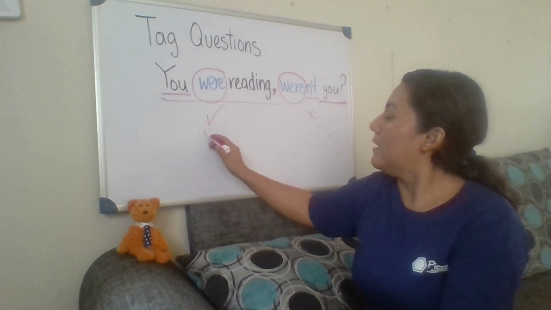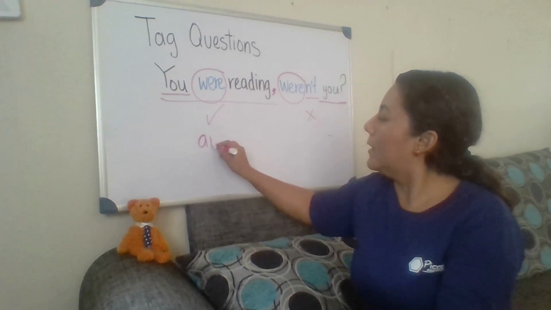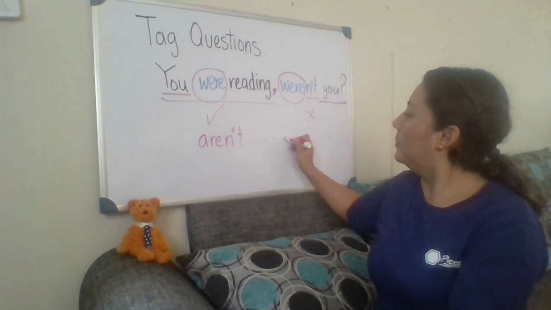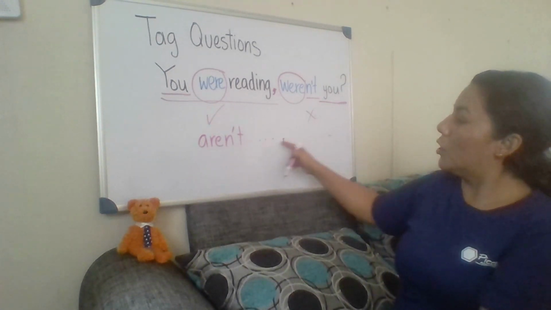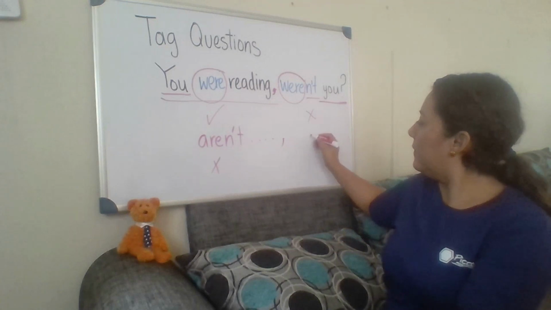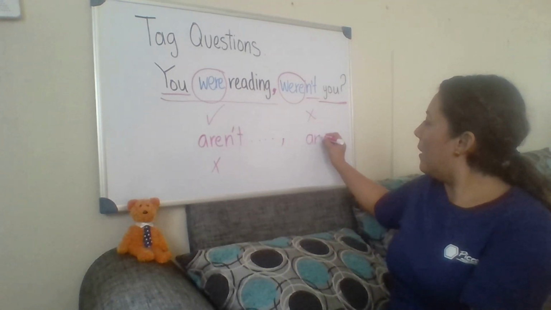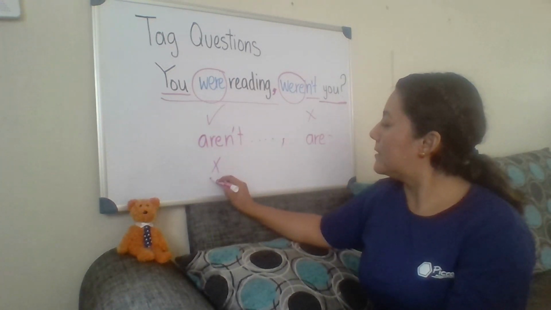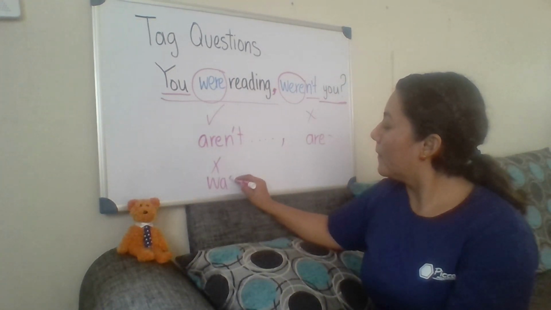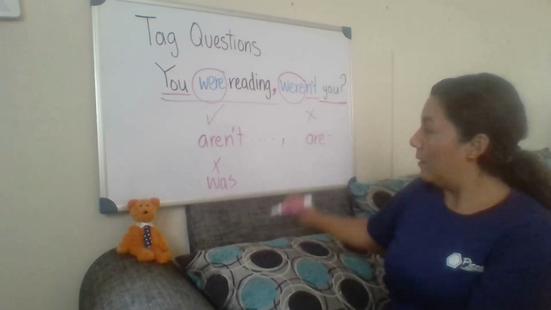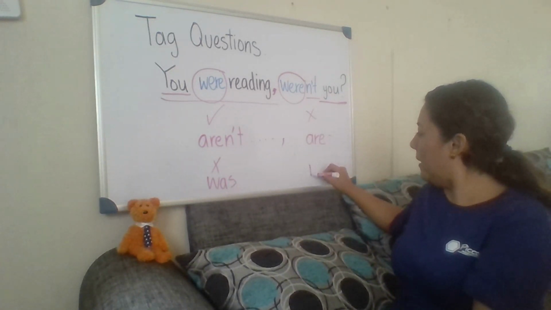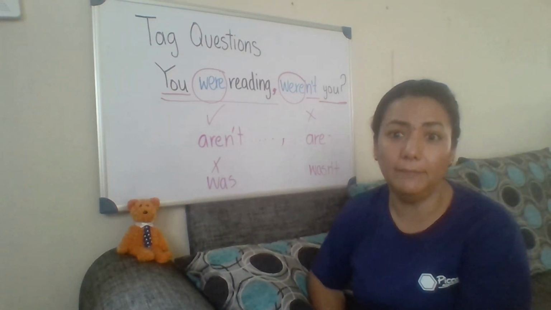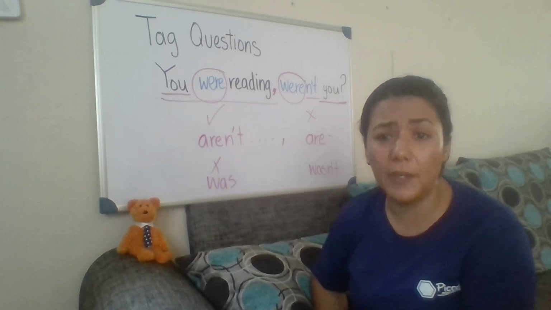For instance, if I say you aren't blah, blah, blah, what's going to be here? This is negative. This would be affirmative. If this is affirmative, this will be negative. Okay? Simple. It is very easy.